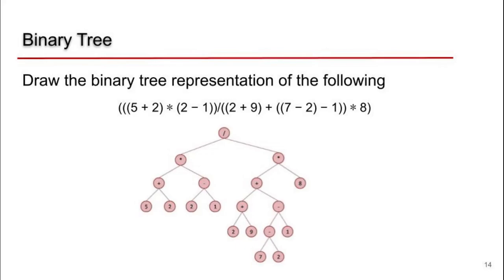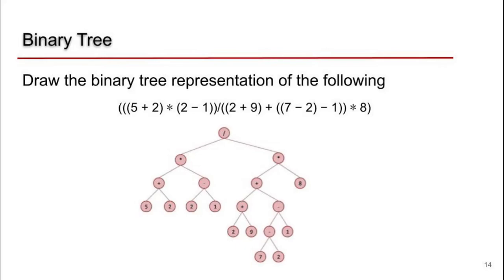I forgot division. Yeah, that's correct. The second left and first left will be multiplication. That's right. And then we will go left again, because this one is this one, and this one is this one. That's correct.